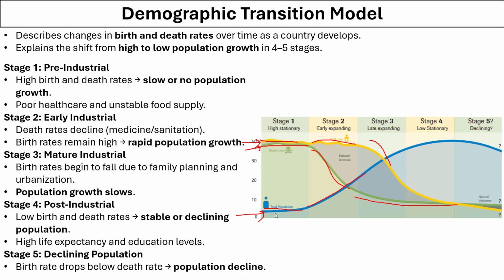So the population rate has kind of slowed down. And in the fifth stage, we see that there might be a decline in population, which has started declining right now, but it might end up declining even further because people might choose not to have children at all, or there will be a significant decline in the fertility rates.